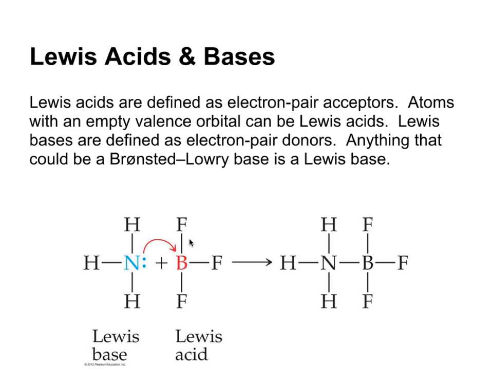So it's kind of the opposite of the Bronsted-Lowry definition. Instead of donating and accepting protons, molecules are going to be donating or accepting electron pairs. It's just flipped on who's doing the donating and accepting. For Lewis acids and bases, acids accept the electron pairs and bases donate the electron pairs.